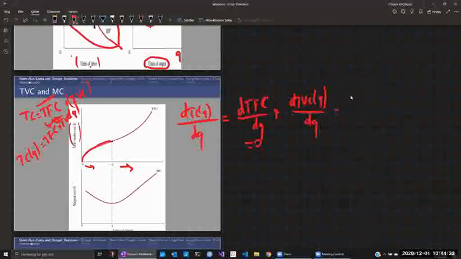So then this should be equal to the marginal cost, right? So the marginal cost actually gives the slope of this total cost and total variable cost, right? So when the slope is decreasing, you should have a concave curve. And when this slope starts to increase, then we should have a convex part of this curve. Okay.